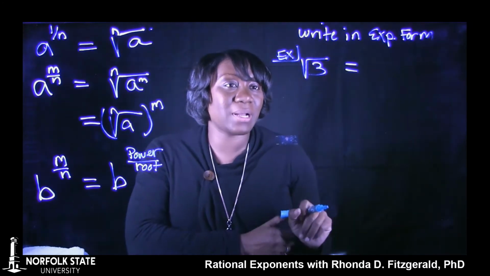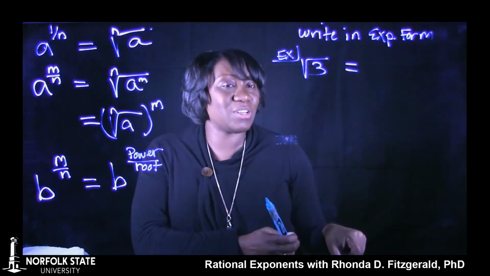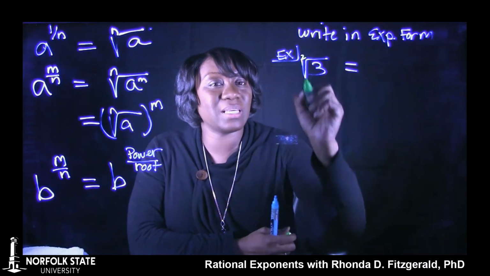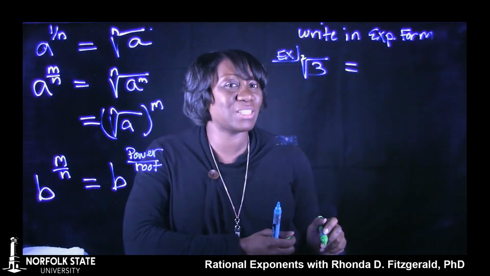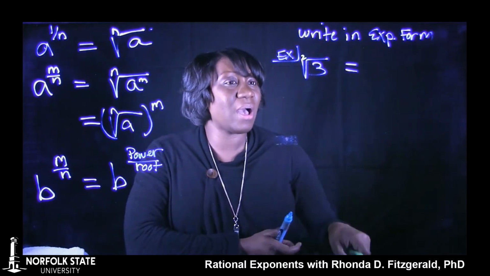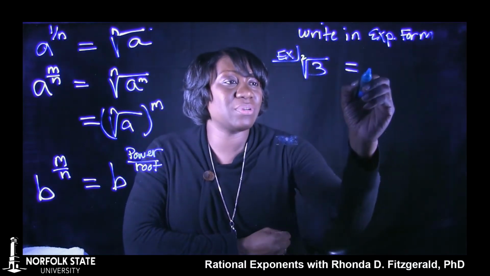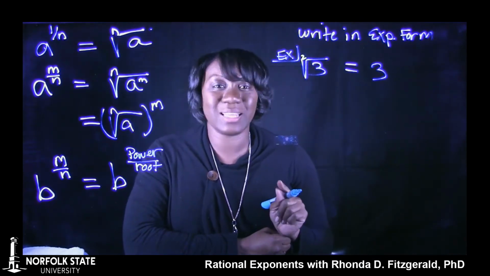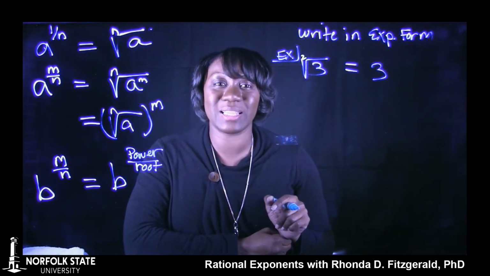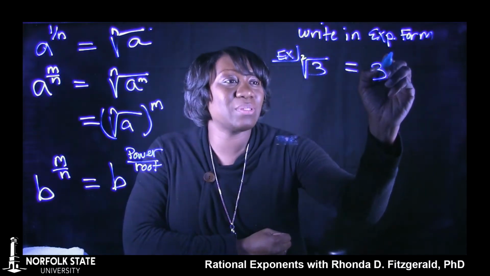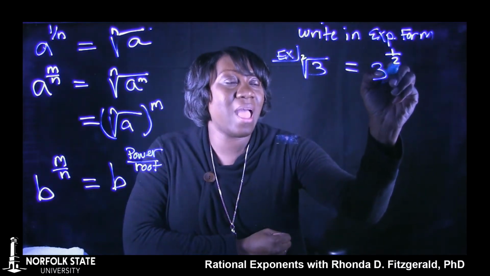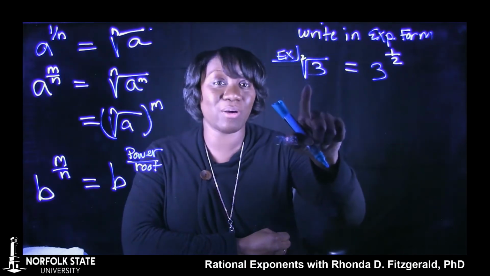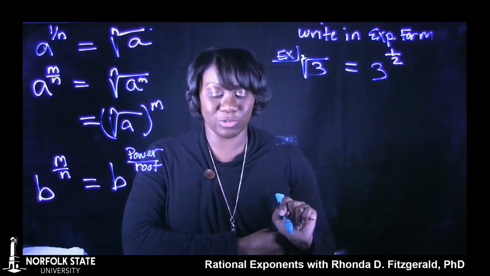Well, remember, guys, if there is no number written, that index really is a 2. So how can I rewrite this? This really becomes 3 to the, remember, the number that represents the root goes in the denominator. So that becomes 3 to the 1/2 power. So this is radical form, here's exponential form.